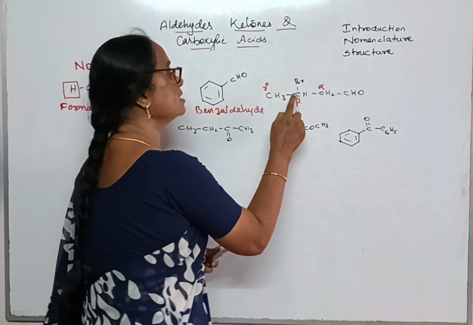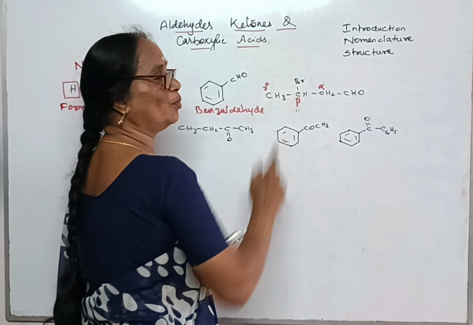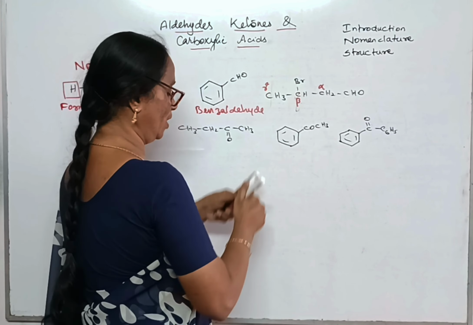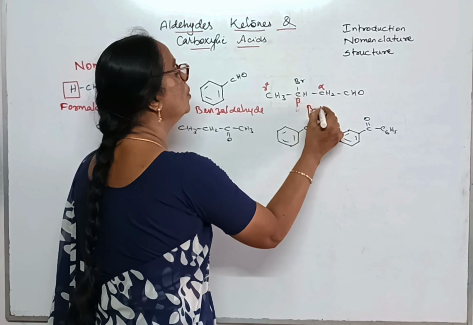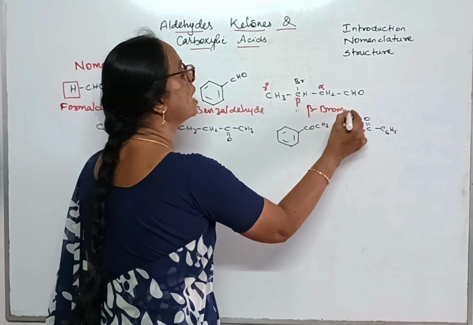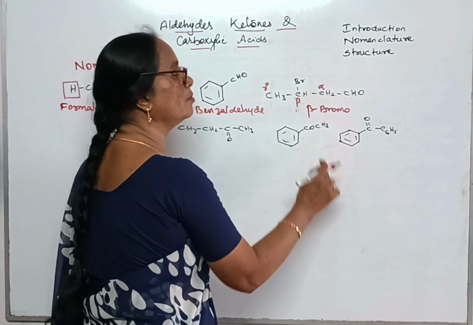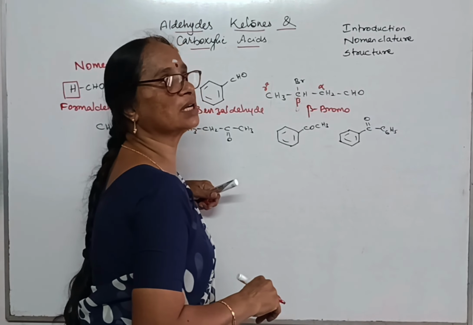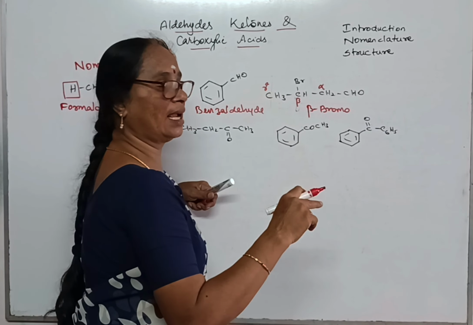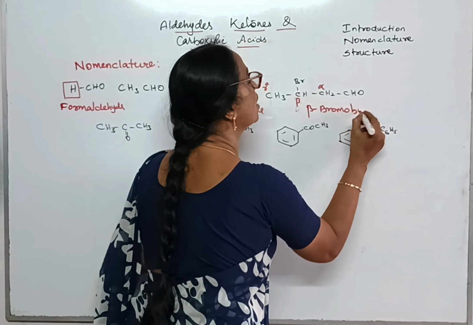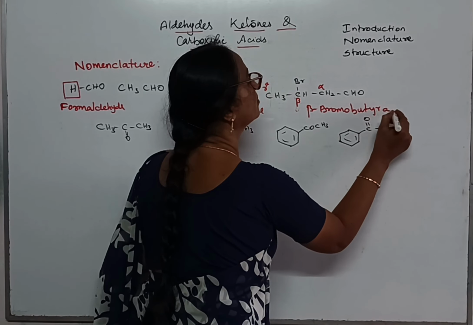In this case, the beta carbon has a bromine atom, so the name will be beta bromo. How many carbons are there? 4 carbon atoms. So its corresponding carboxylic acid is butyric acid, and the name is butyraldehyde.